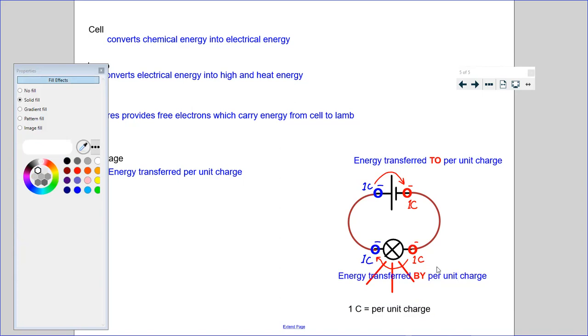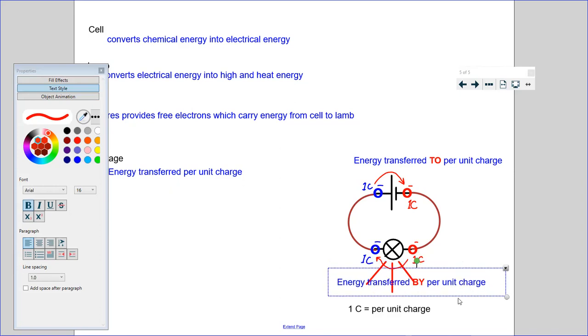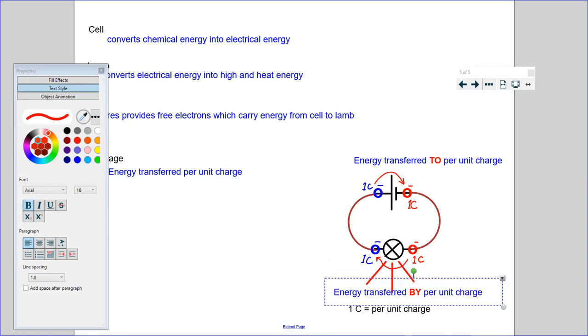As that bunch of electrons is passing through, the battery provides them energy. Battery provides those charges energy, so energy is transferred to the charge, to that 1 coulomb of charge, to that per unit charge.